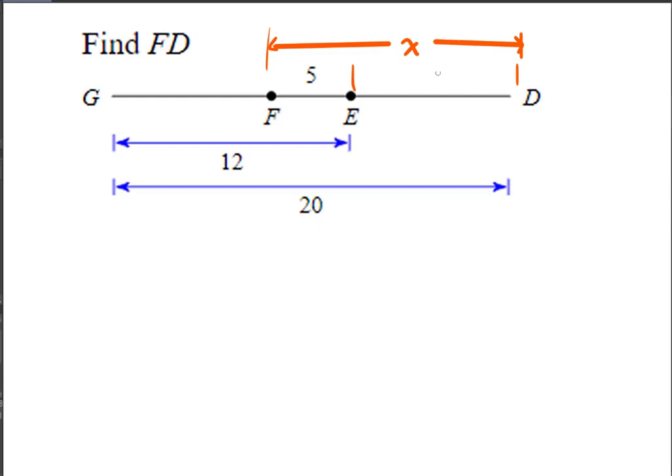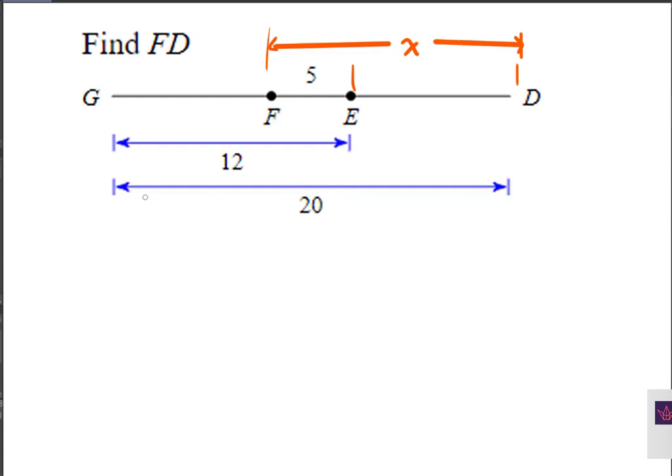So I need to find this amount in order to do that. I'm looking at the pieces I have here, and I start thinking, what if I take away certain pieces or add together certain pieces? So if I took 12 and subtracted from it 5, I'm going to get this amount here. Now, does that help me accomplish the task? Not really, because I'm looking for this amount right here, and that doesn't really lead me anywhere.